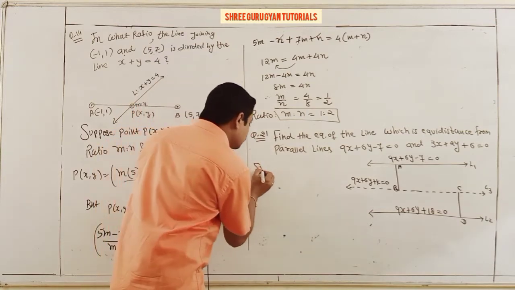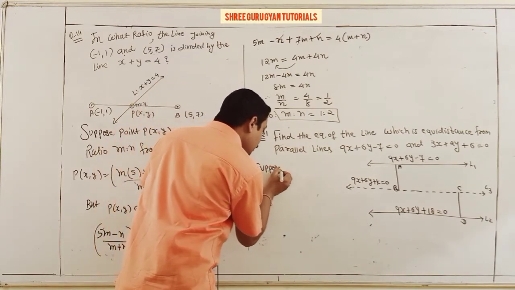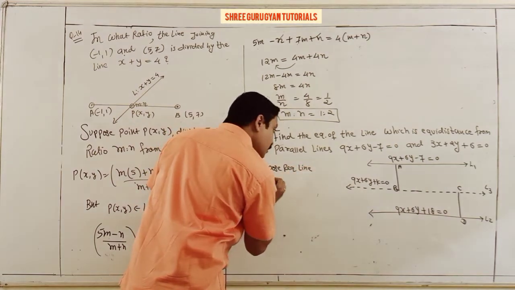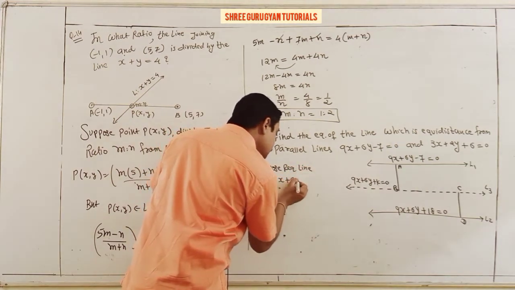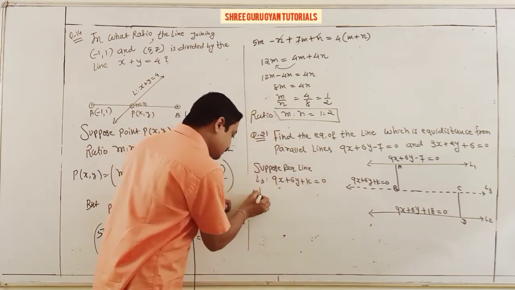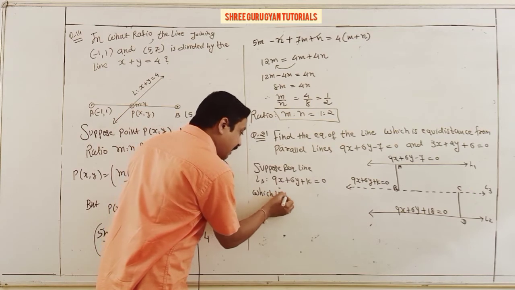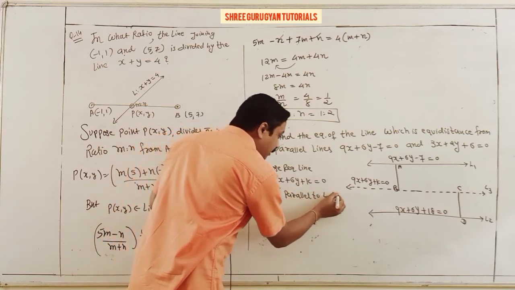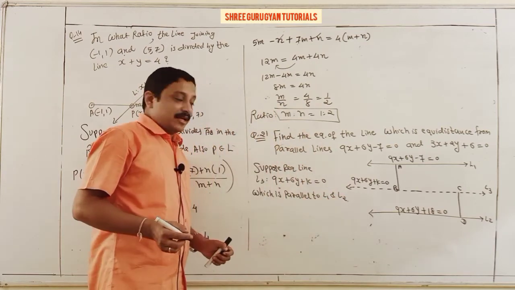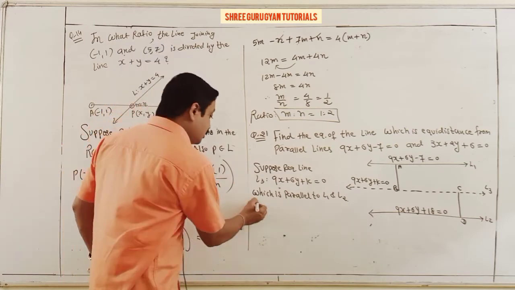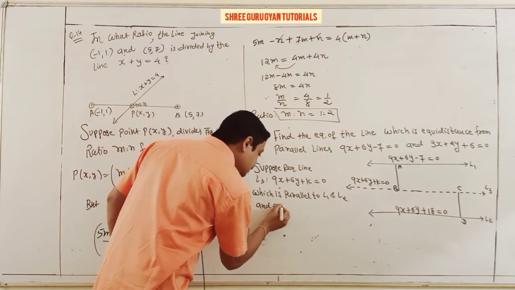So suppose the required line L3 is 9x plus 6y plus k is equal to 0, which is parallel to L1 and L2. And also suppose the line that is parallel to L1 and L2 and continues equal distance.